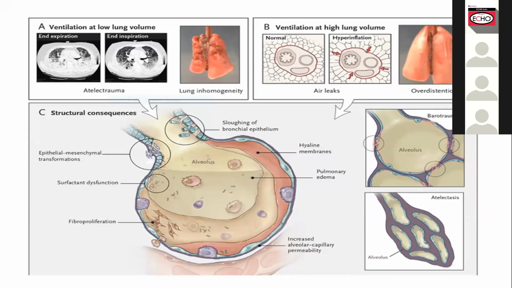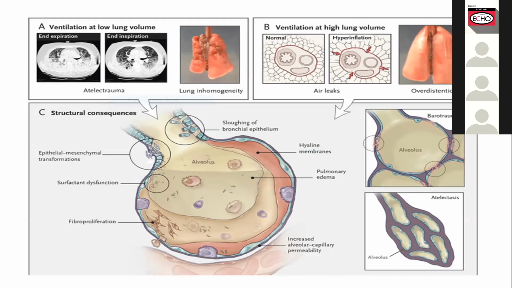These air leaks can cause barotrauma, leading to pneumomediastinum, pneumothorax, but also subcutaneous emphysema. There are structural consequences as well if your patients are constantly exposed to high lung volumes.